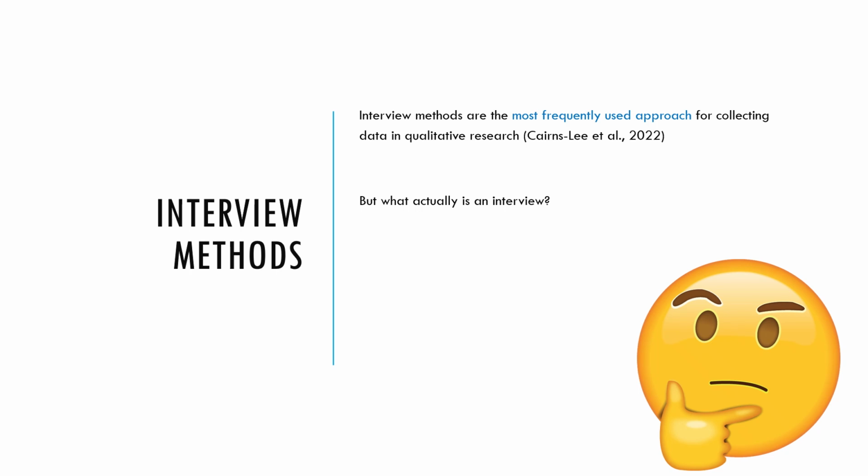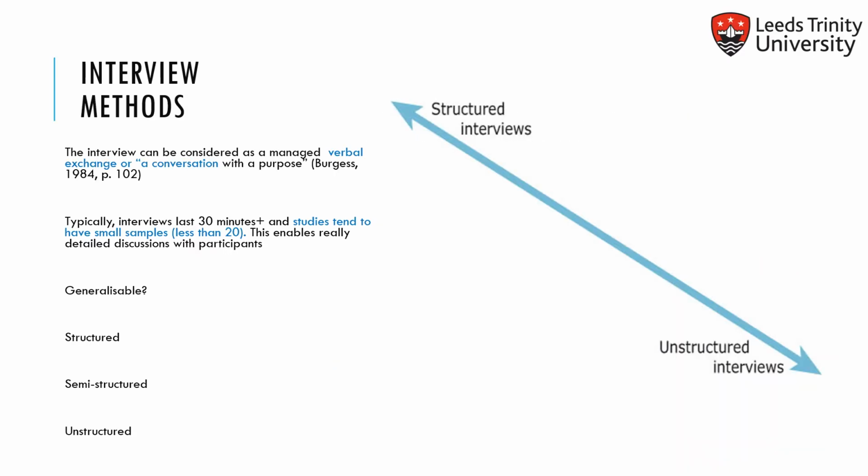Interviews can be conducted either by phone or face-to-face, and they vary in structure depending on the research goals as well. So let's talk about the interview method in more detail. Mostly the interview is conducted with participants, and lasts a maximum of 30 minutes.